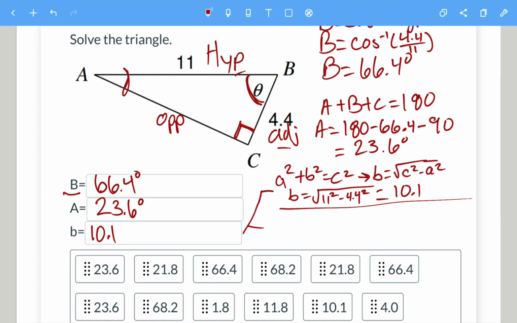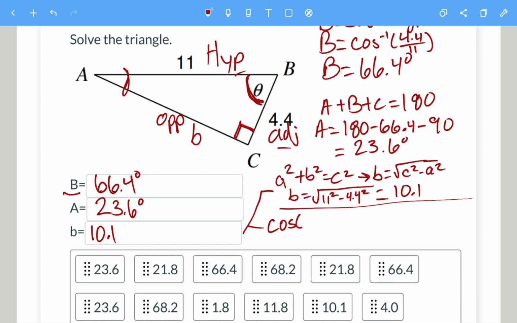You could also use trig. So we now have angle B and angle A, but let's just stick with angle B. We are looking for our opposite side. We have the hypotenuse and the adjacent, so we can pick either tangent or cosine. I'll just use cosine.